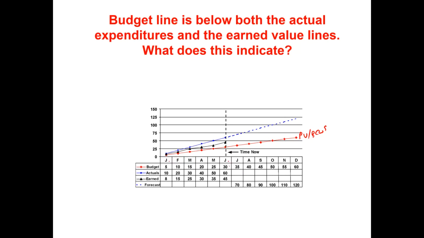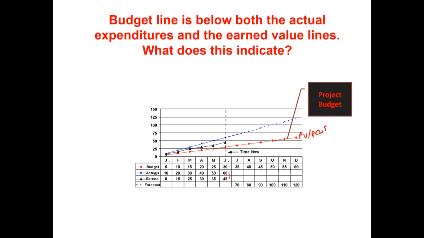So we should have spent 30,000 by this month. In terms of the actual spend, this was what was planned, and the actual spend is 60,000, and the earned value is here 45,000. So we have spent a bit more, and we have earned 45,000 pounds of work.